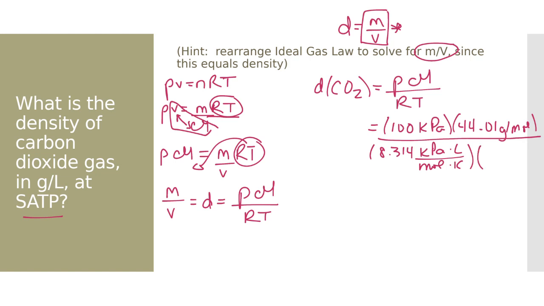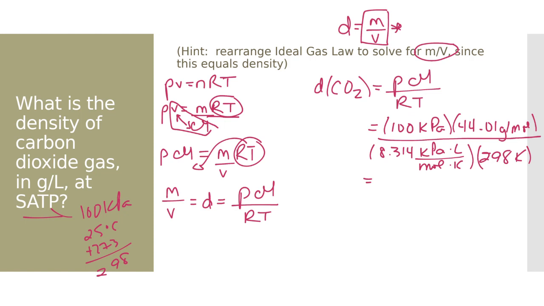And then my temperature at SATP is 25 degrees. So remember, we got 100 kPa, got to know these. 25 degrees C plus 273, I get 298 Kelvin. And then we come up with our density value.